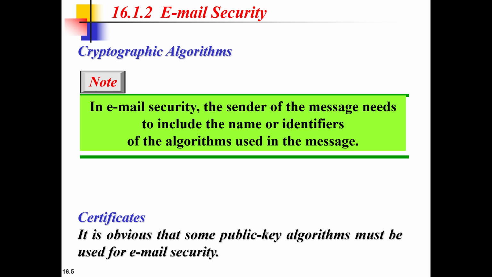So we will discuss the cryptographic algorithms, the certificates and the cryptographic secrets that we are using in place of these. First is the cryptographic algorithms. When there is no session or no handshaking to negotiate the algorithms for encryption or hashing, how can the receiver know which algorithm the sender has chosen?